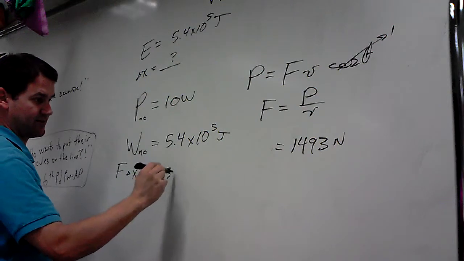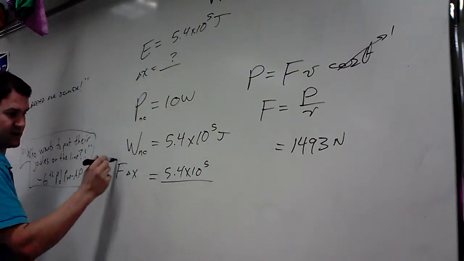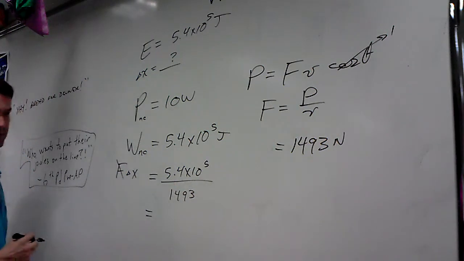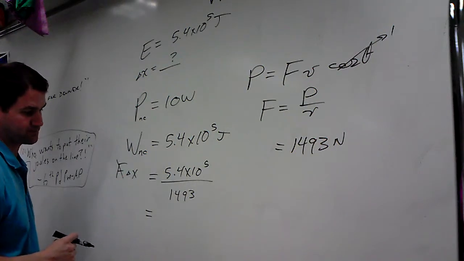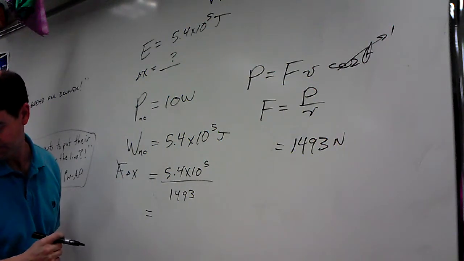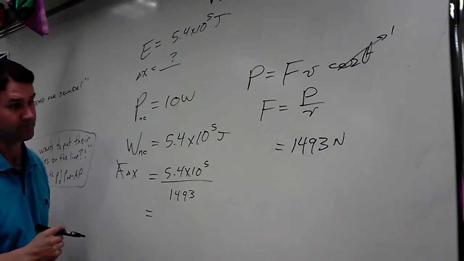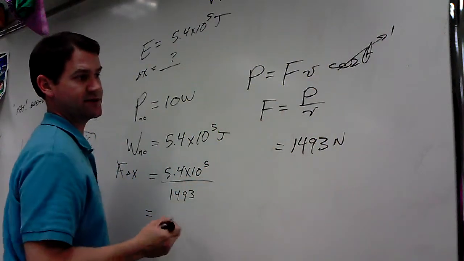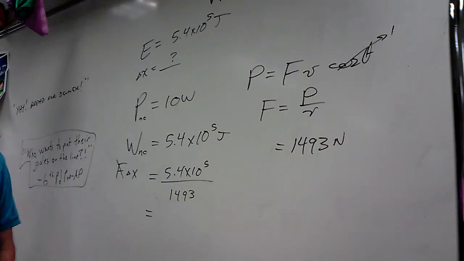So that 5.4 times 10 to the fifth divided by that F of 1493 will give me the maximum distance. Where did you get 1493? The power divided by the land speed, 10 over 6.7 times 10 to the negative 3. Yes.